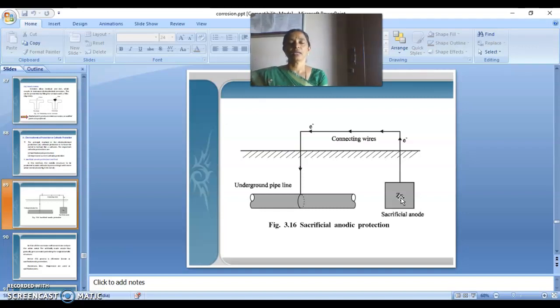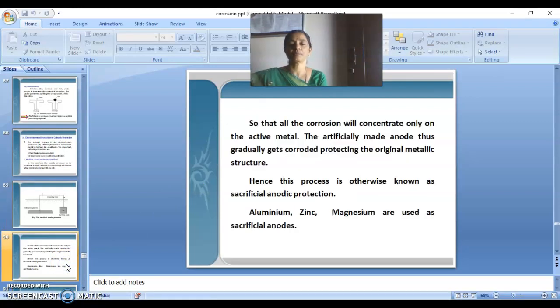So here all the corrosion is occurring on the more active metal zinc. The zinc loses its life, sacrifices its life. That is why we give the name sacrificial anode method. Instead of zinc, we can use aluminum or magnesium as sacrificial anodes.